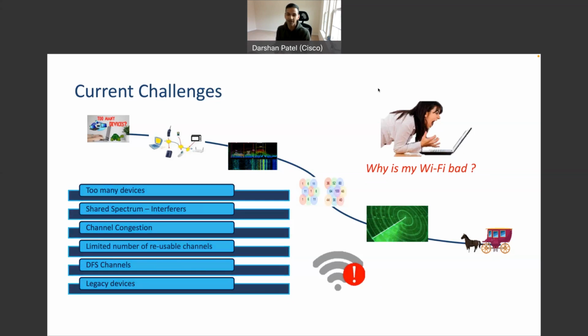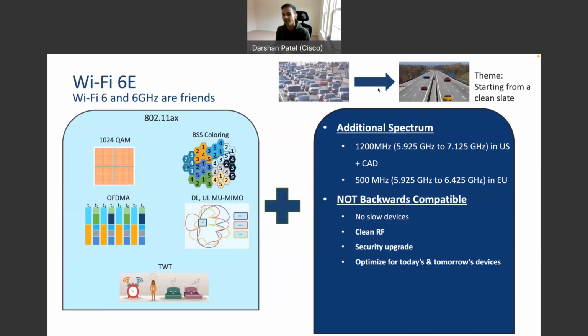And how is it possible? That is possible with our new Wi-Fi 6E spectrum that has 1200 megahertz, clean. We start with a very clean format, where we do not have any backward compatibility.